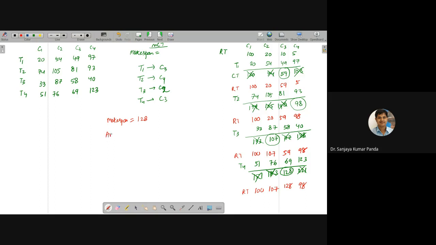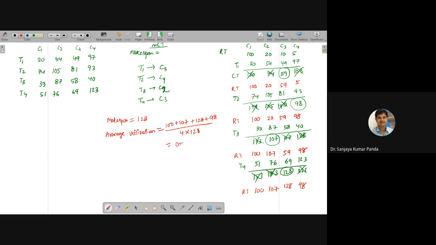You can calculate the average utilization, which is nothing but 100 plus 107 plus 128 plus 98 divided by 4 into 128. How much are you getting? 84%.